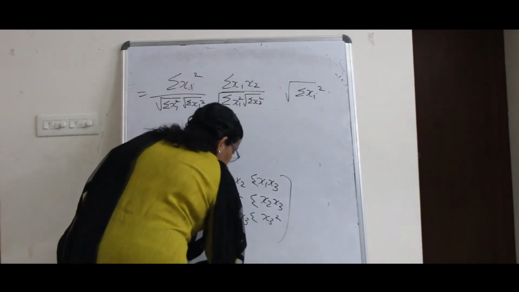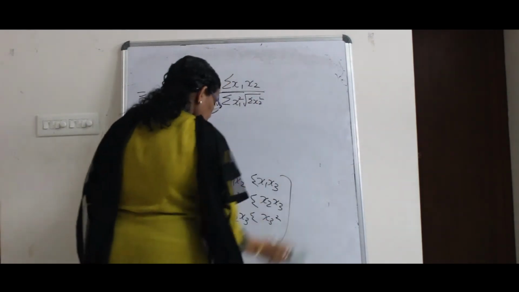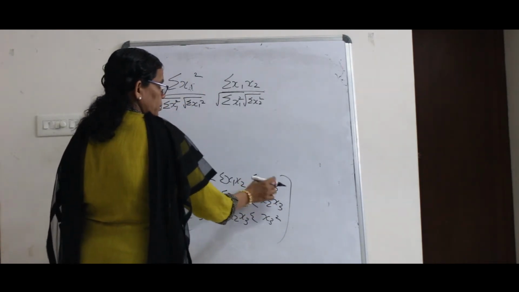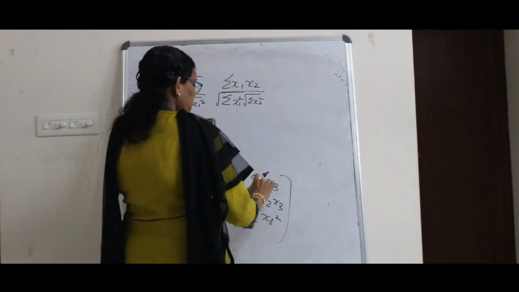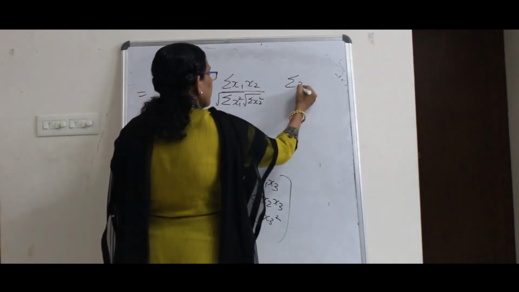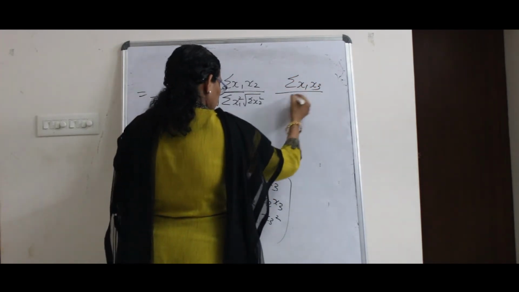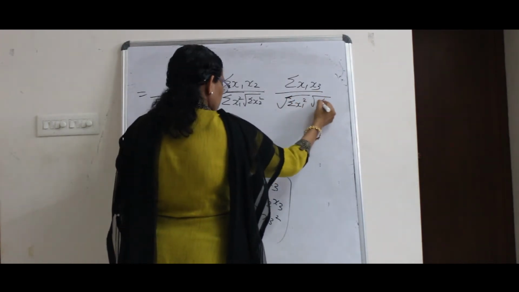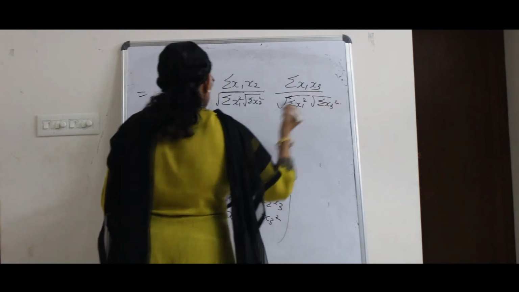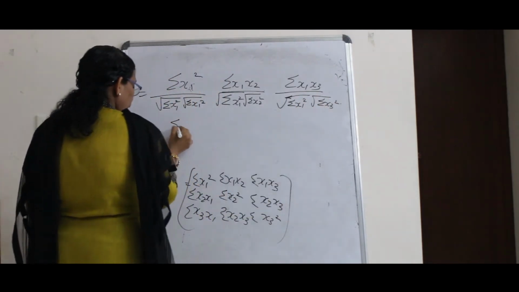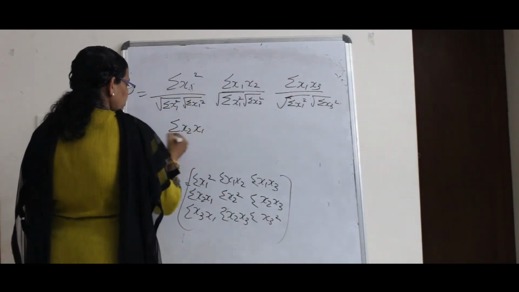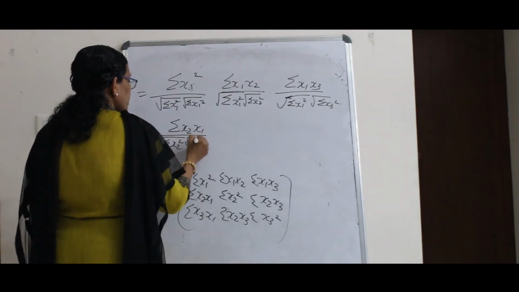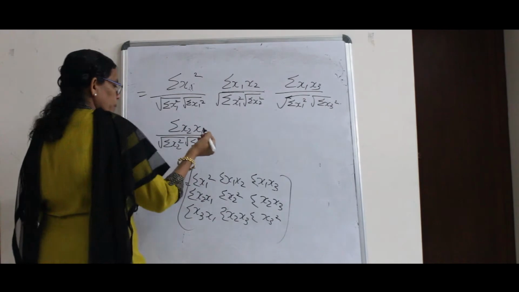Similarly, each of these must be divided by the square root of the product, the square root of the square terms. That is sigma x1, x3 divided by square root of sigma x1 square, square root of sigma x3 square. Now we will have sigma x2 x1 divided by square root of sigma x2 square, square root of sigma x1 square.